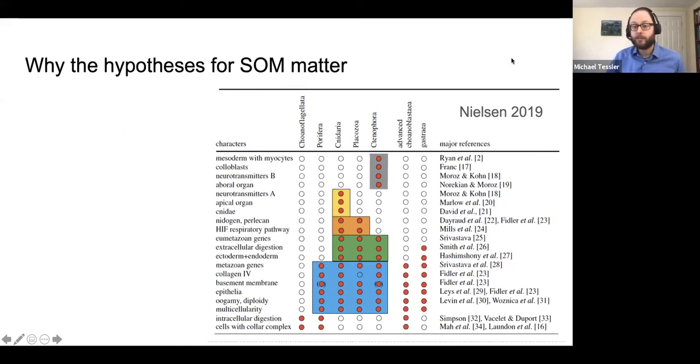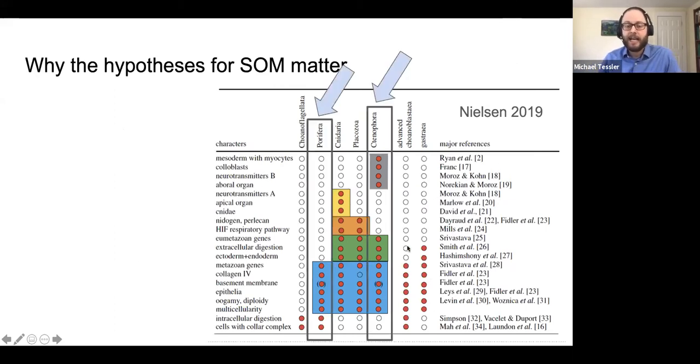This was pretty well summarized in a paper from 2019, looking at the two lineages that seem like the most important ones, Porifera and ctenophores. What we find is Porifera share a whole bunch of important characters, with red being that they have something and white being they don't, with the other major earlier divergence lineages in animals.